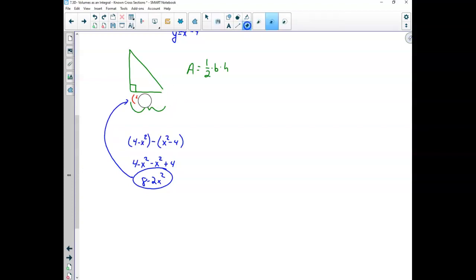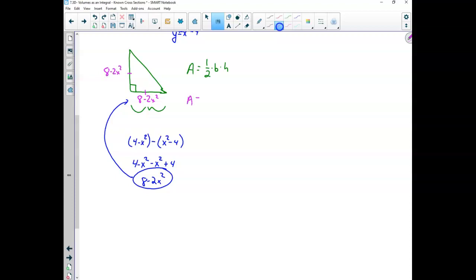Okay, I'm going to clean up my triangle again. So I know this base is going to be 8 minus 2x squared. Well, this is a right isosceles triangle, which means this side is 8 minus 2x squared as well.